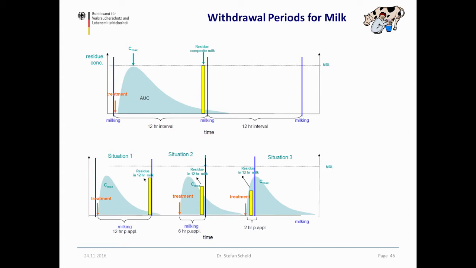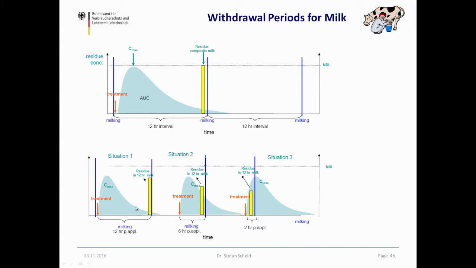This would be the normal milking routine. And here on this slide, you can see that you treat the animals, this is for 0-day withdrawal time. You would have Cmax, and then you would have the milking at 12 hours. And this milk would contain all the AUC.